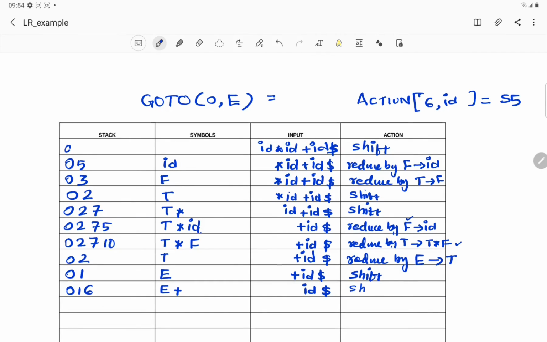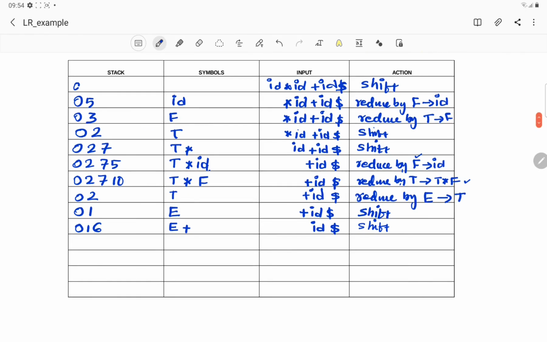So shift, then here 0 1 6 5. This will become E plus id. The input corresponding to 5, the symbol is id. Here there is only dollar. Now the stack top is 5. Next input symbol is dollar.